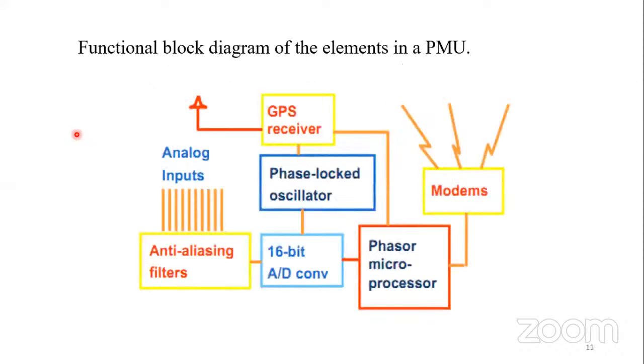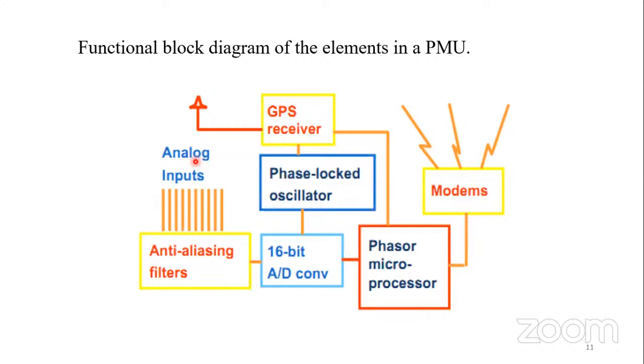Now, this is the block diagram or functional diagram of the PMU. As you see here, there are analog inputs, an anti-aliasing filter, a 16-bit analog to digital converter, a phasor microprocessor, and a modem. Analog input means we are getting the electrical quantity information from the CT and PT.